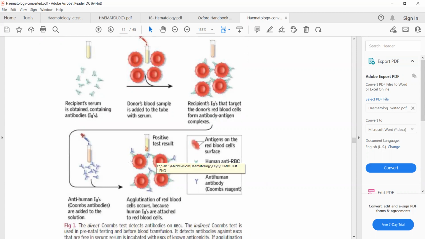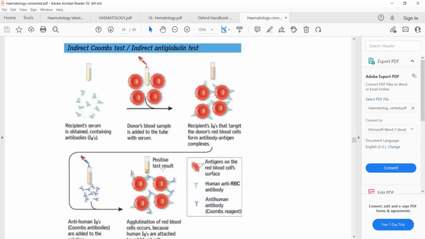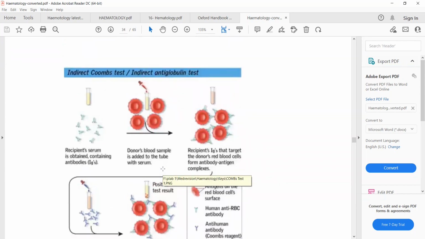So we say that the indirect Coombs test is positive if there is agglutination. And if there is no agglutination, then this blood can be transfused because it is a negative indirect Coombs test. So this is how the indirect Coombs test is done for blood grouping and cross matching before doing a blood transfusion.